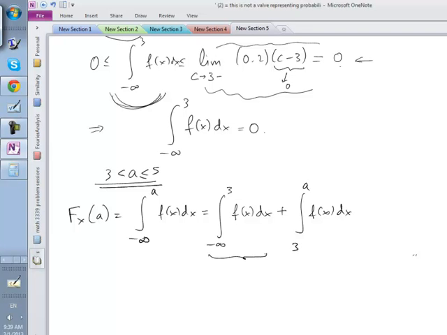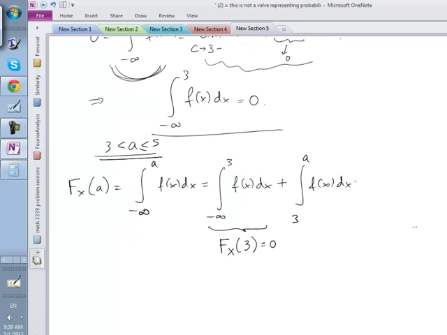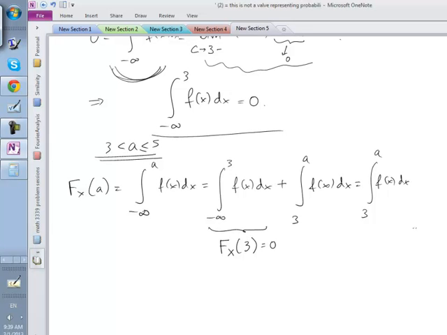What is the first integral here? The first integral is the value of the distribution function at 3, which I calculated, and this value is equal to 0. This is what I did precisely. Look at this integral here. So what I'm left with is the integral from 3 to a. And we've done the calculation before.